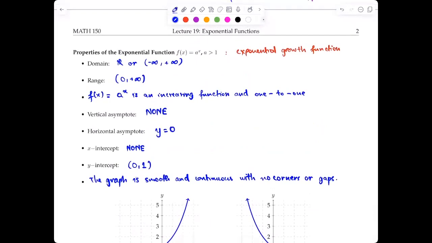So these are the properties of an exponential function that you might want to consider.